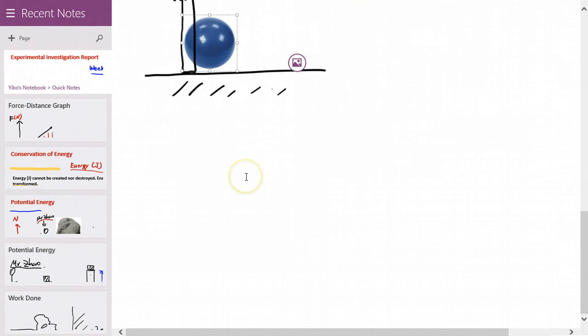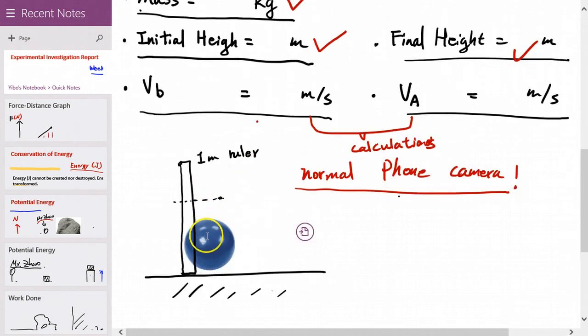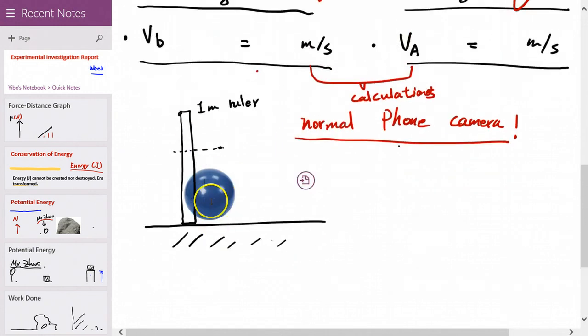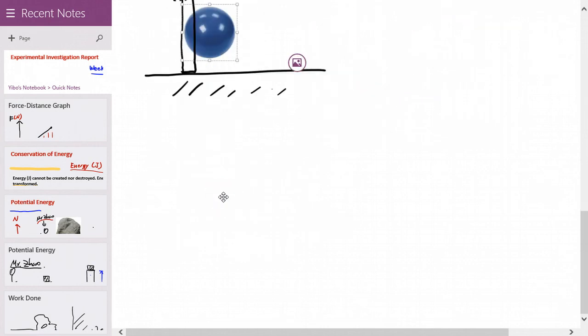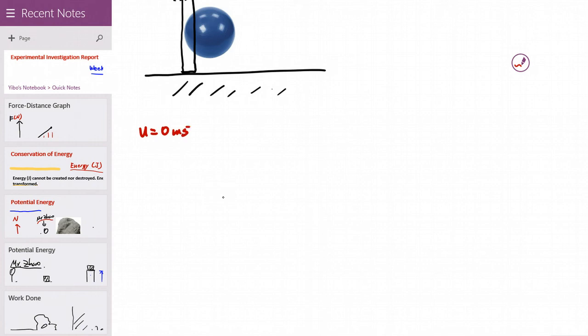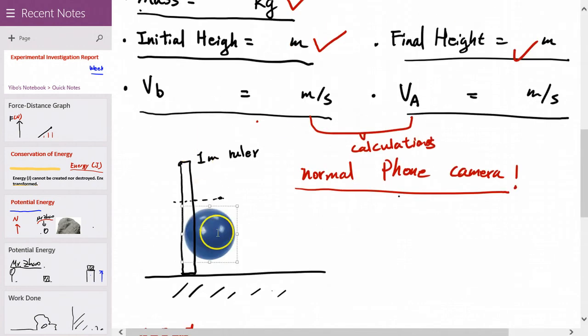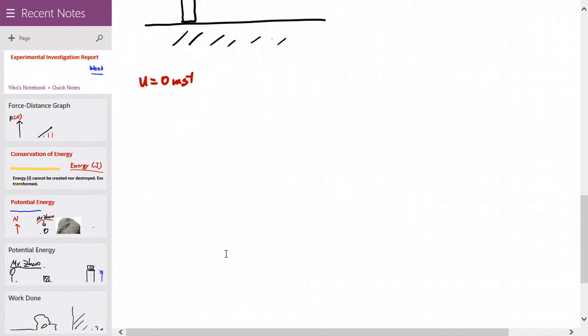For instance, if I want to calculate the velocity right before the impact, I have the initial velocity at 0 meters per second, which dropped from 1 meter high. I need to find the final velocity, which is unknown.